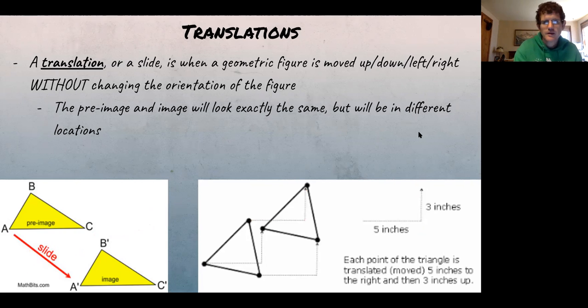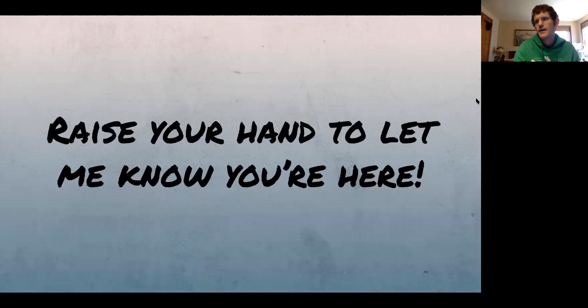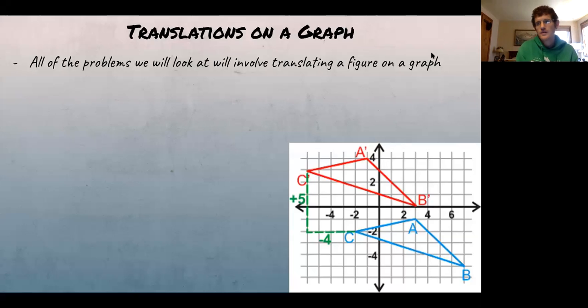But okay, let's do this now. Okay, so the next thing to think about is we're going to be looking at these problems while they're on a graph. So the last two examples that I gave you, you didn't have a graph underneath it. There could have had one.